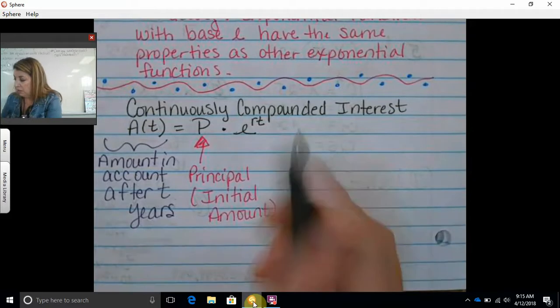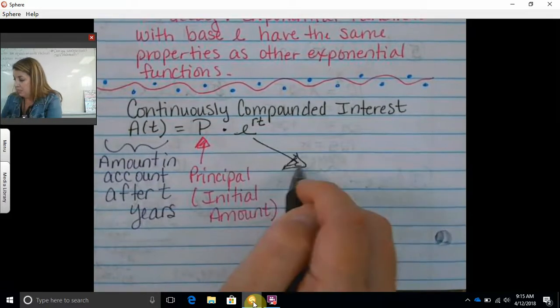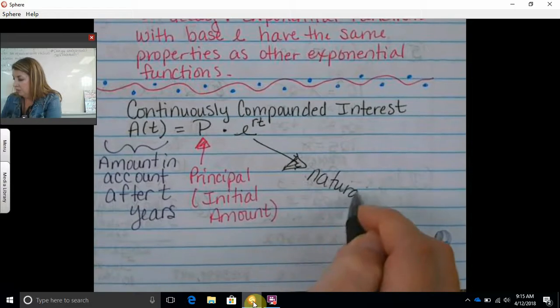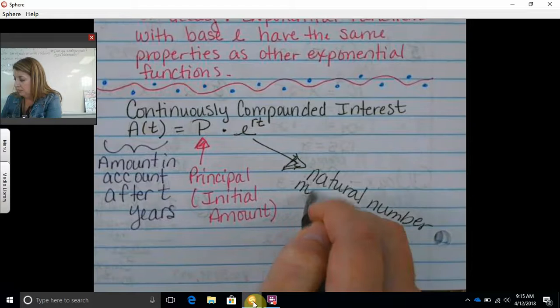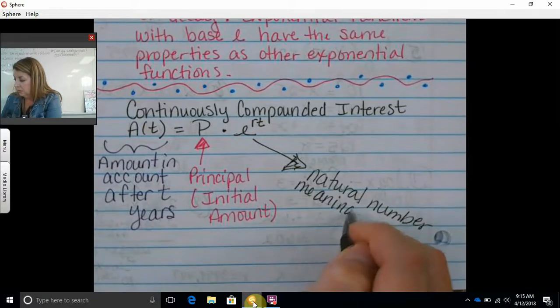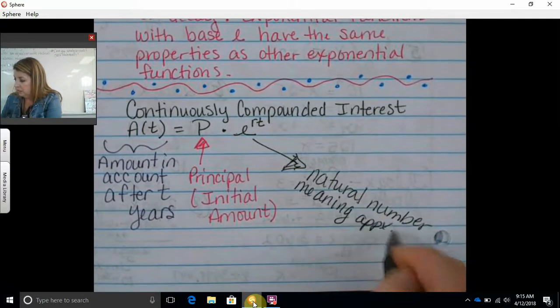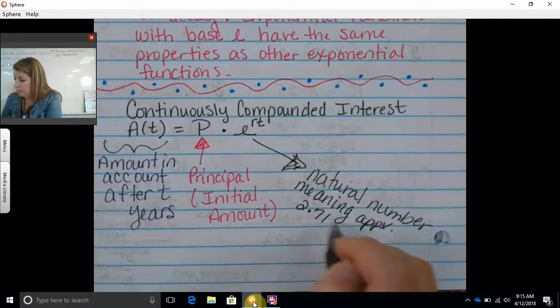We already know that e is a natural number, meaning approximately 2.71828.